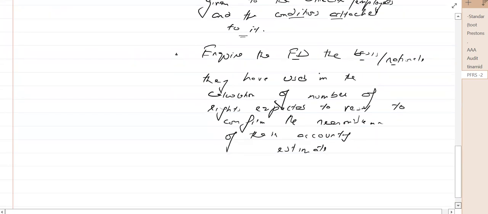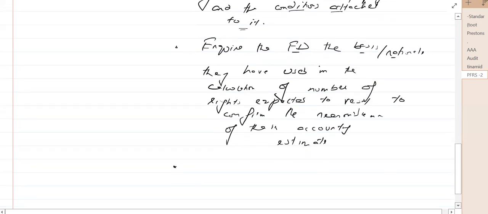And now you have seen the board minutes. Now you have also inquired of the finance director. You can also write, for example, if it is part of the remuneration, then other than the board minutes, you can also write the employees' contracts.